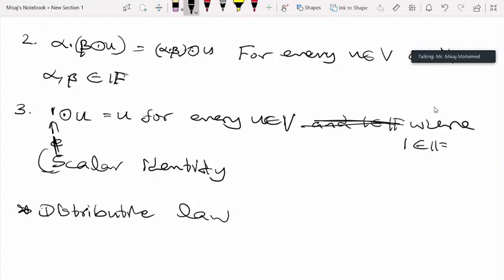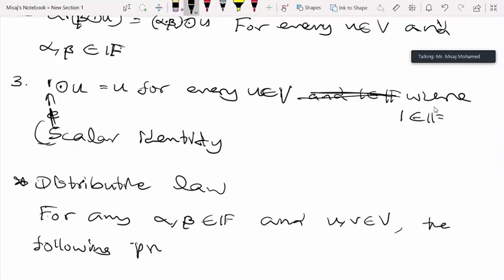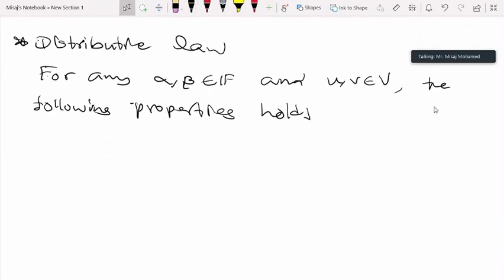For any alpha, beta in F and u, v in V, the following properties hold. For any scalars alpha and beta, and any elements u and v, these laws hold.